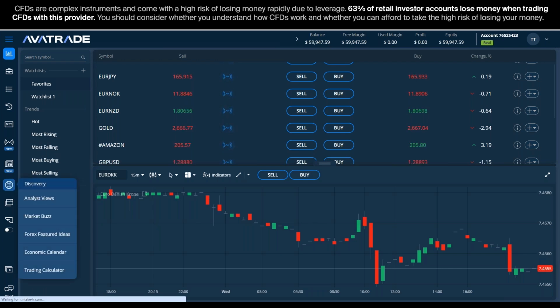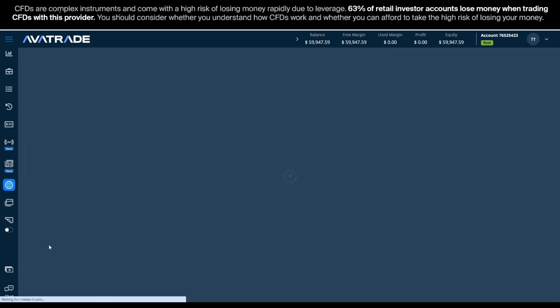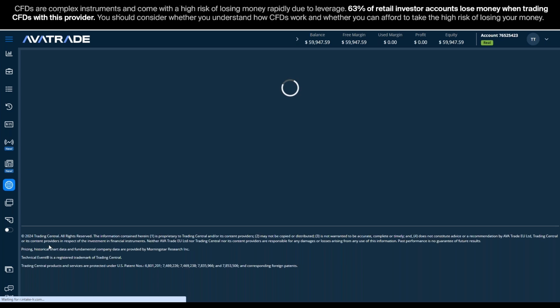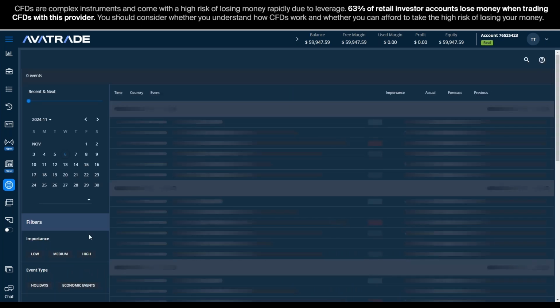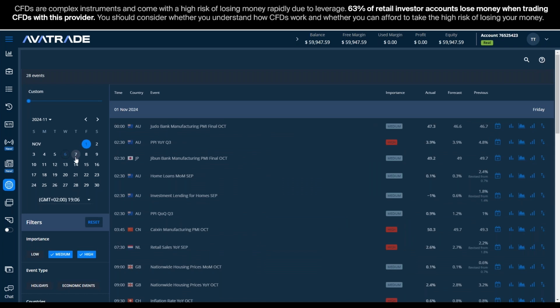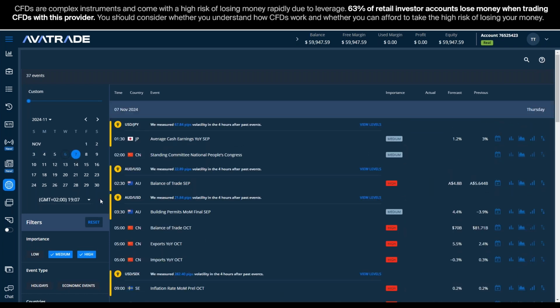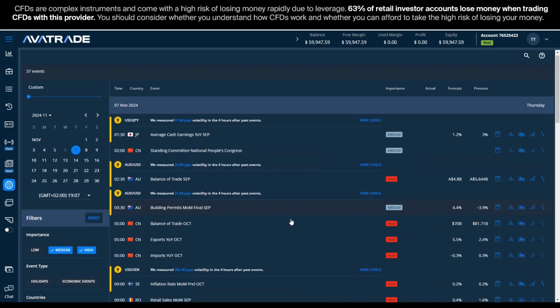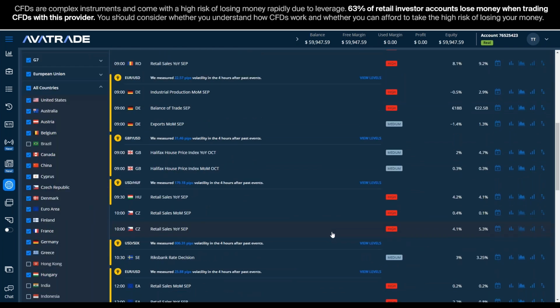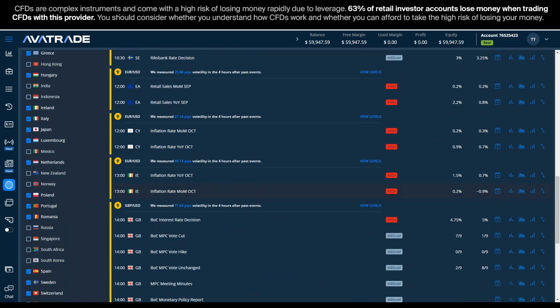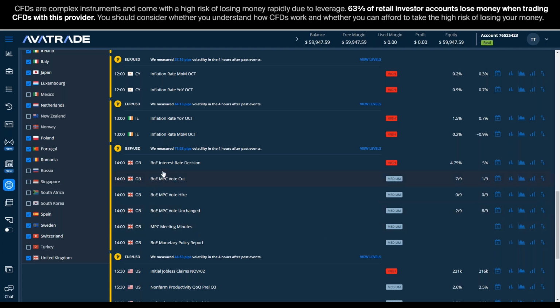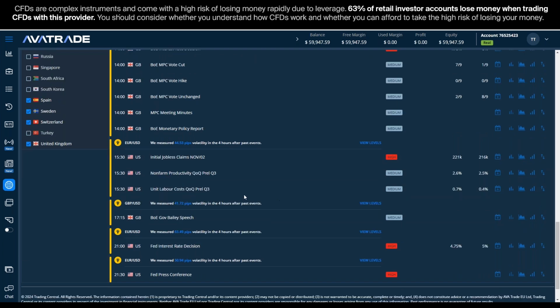Before we get into the technicals, we can take a look at the economic calendar. We won't go into detail on this, but we can see what's upcoming. Into tomorrow, we've got a rate decision out of Great Britain, expected to have a cut in the interest rate, and then we have jobless claims out of the US expected to rise.